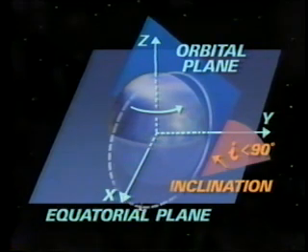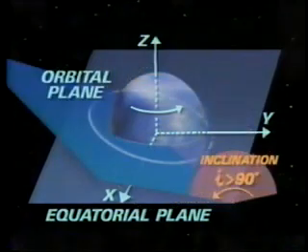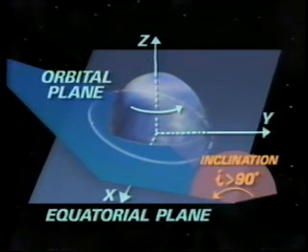Such an orbit is called a prograde orbit. A satellite which moves due north at the ascending node is in a polar orbit. Polar orbits have an orbital inclination of exactly 90 degrees. A satellite with a westward velocity component at the ascending node is in a retrograde orbit and has an orbital inclination between 90 and 180 degrees.